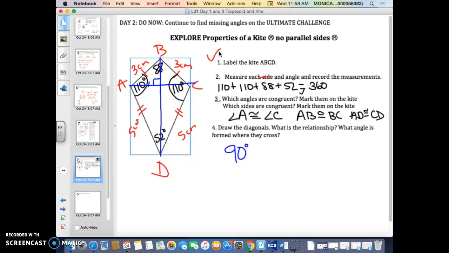The one bisects. So this side is congruent to this side. Let's call this point P, so AP is congruent to CP. Those are the special relationships in a kite. And again, you have to know these special relationships so that you can set up equations and solve problems.